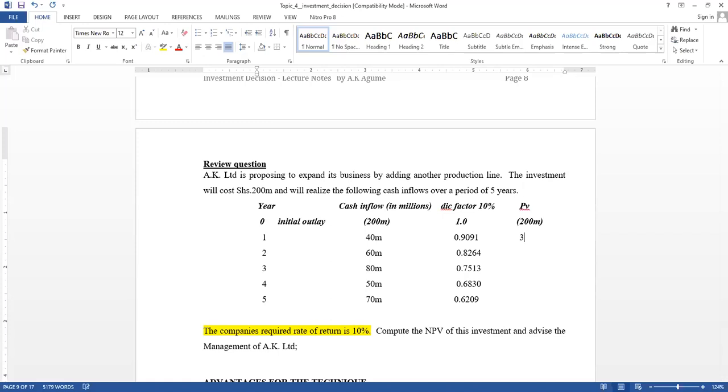That is 36.364 million. Okay. Then here, 60 times 0.8264, 49.584.